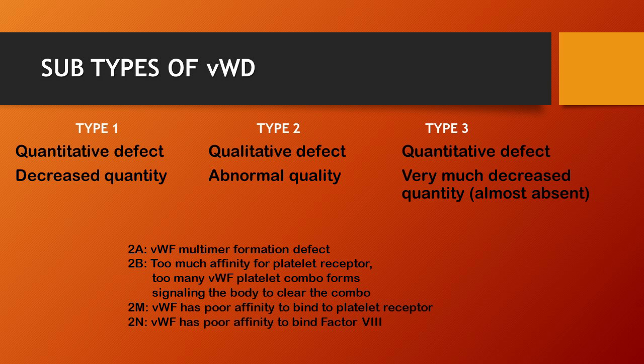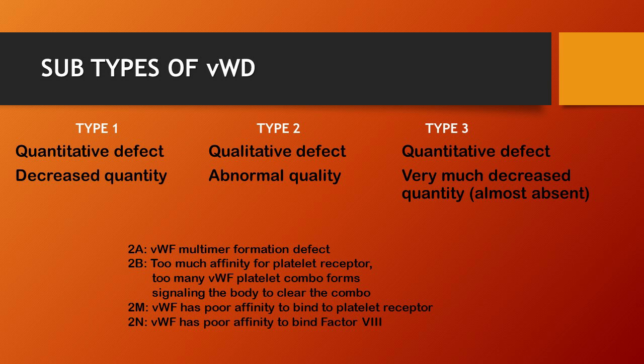In 2M, the qualitative defect of von Willebrand factor is decreased affinity to platelet. If it is not binding to platelet, then how can the clot form? That is the problem with 2M. 2N means decreased affinity to bind to factor 8.